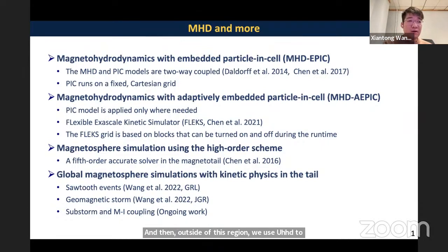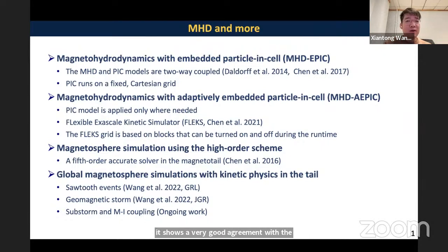It turned out to be pretty successful. Then in 2017, Chen improved it and used this model to study the dayside Earth's magnetosphere, the FTEs and the kinetic features, and it shows very good agreement with the observations.